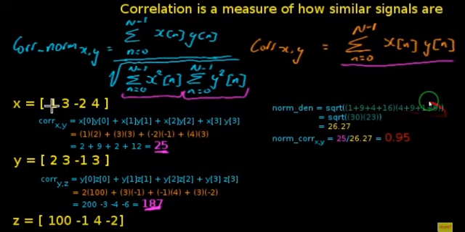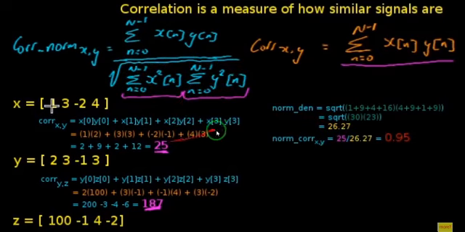I square them and sum all of them. Then I multiply these both together, and finally I take the square root of the final result, and it's 26.27. Okay, so this is the result for the denominator.